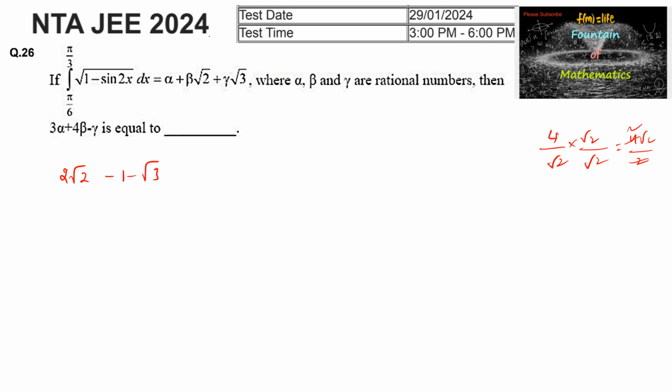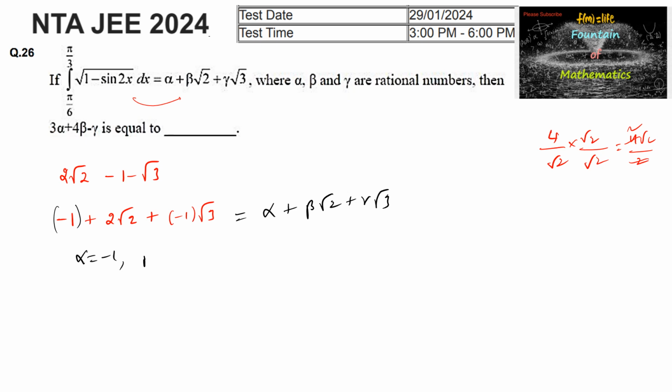So when it comes to the given form, alpha plus beta root 2 plus gamma root 3, we can express this as minus 1 plus 2 times root 2 plus minus 1 times root 3. Comparing with alpha plus beta root 2 plus gamma root 3, we can say alpha value is negative 1, beta value is 2, and gamma value is minus 1.